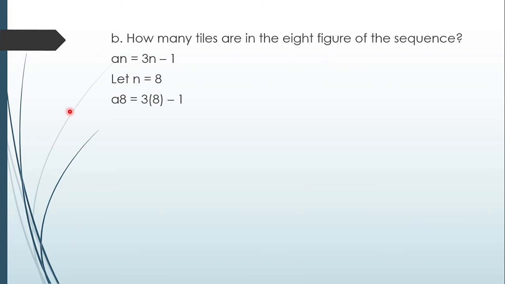Now, substitute a sub 8. So, 3 times 8 minus 1 is equal to 23 tiles. So, ganun lang.